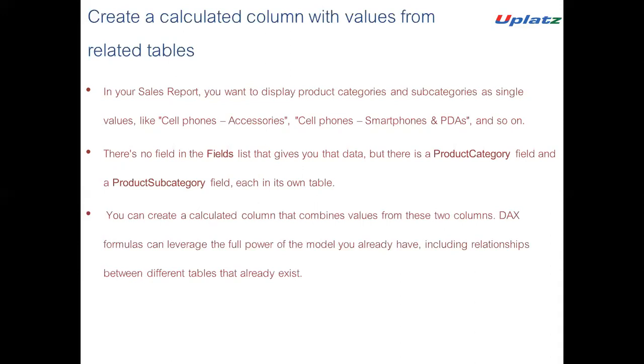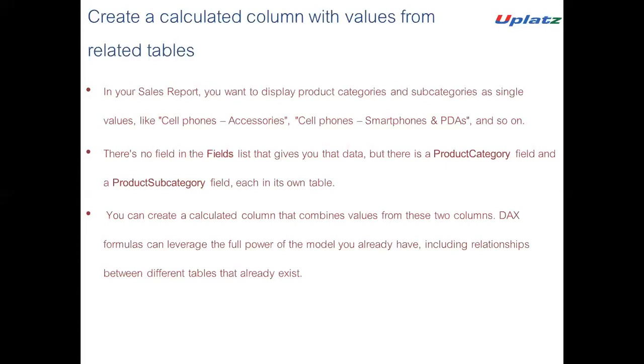Cell phones is a product category, and accessories is a subcategory which belongs to cell phones. So we're trying to combine product categories and subcategories. Another example is cell phones, smartphones, and PDAs. Again, cell phones is a product category, and smartphones and PDAs are subcategories belonging to it, and there are many other examples like this.